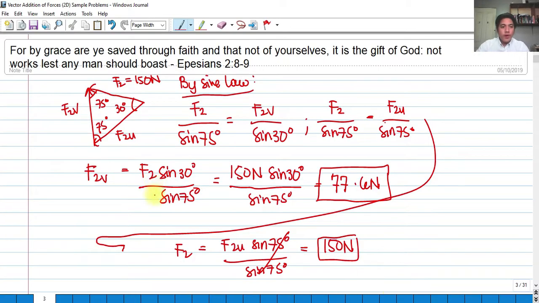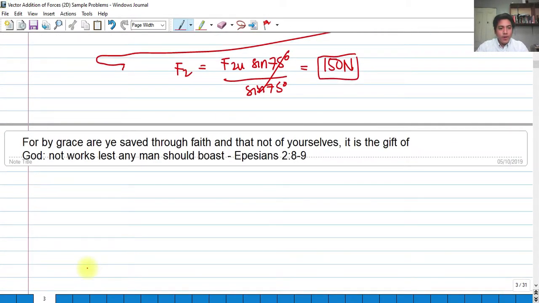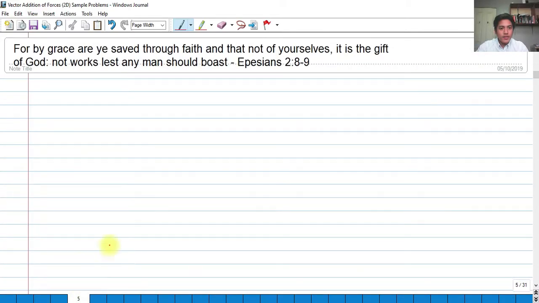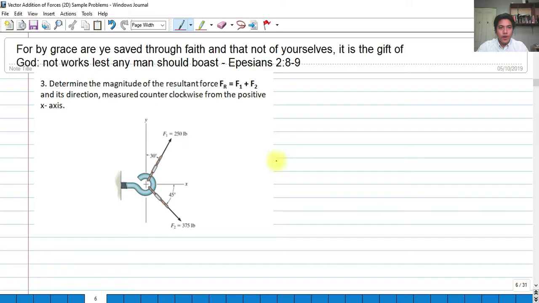So let's go now for problem number 3. Determine the magnitude of the resultant force F sub r, F1 plus F2, and its direction measured counterclockwise from the positive x-axis.